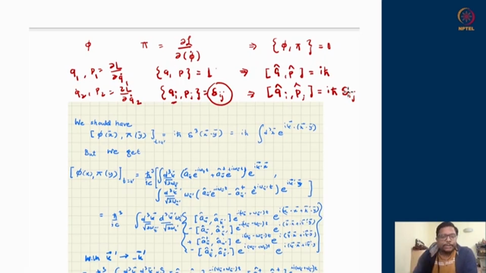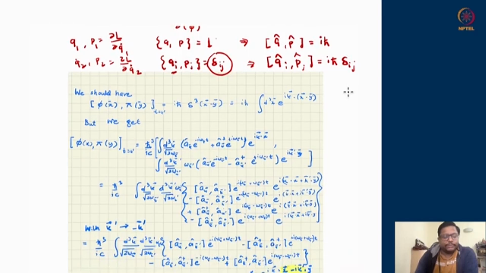This is relevant because in field theory we do not have one oscillator, we have infinitely many oscillators because of the k dependence. For each k we have an oscillator, and therefore each k should know about whom to commute with and whom not to. Even in position space we have different operators at different positions.